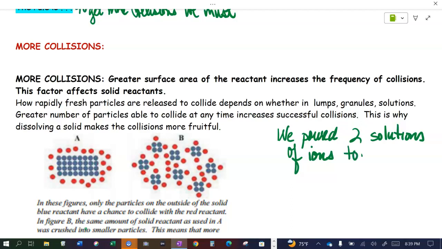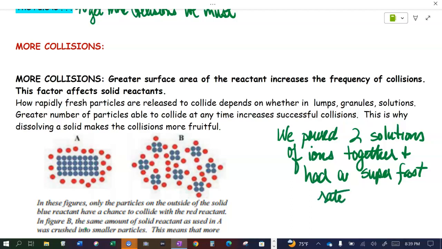They were both ionic compounds and had a super fast rate of precipitation. All right. It was immediate, it seemed to us.